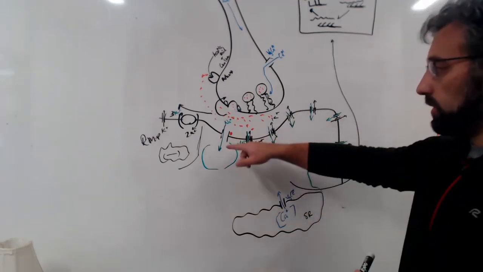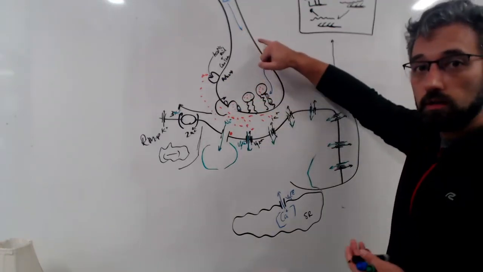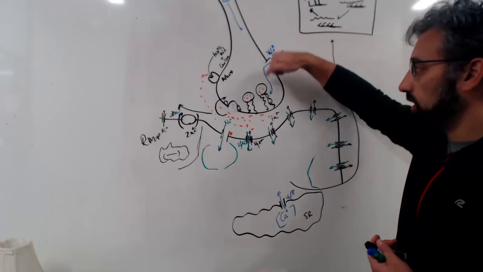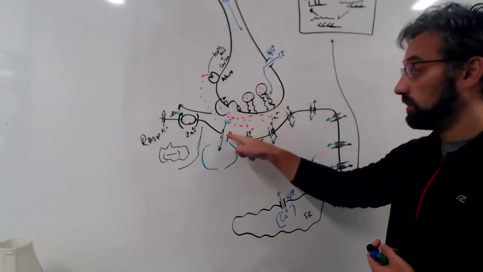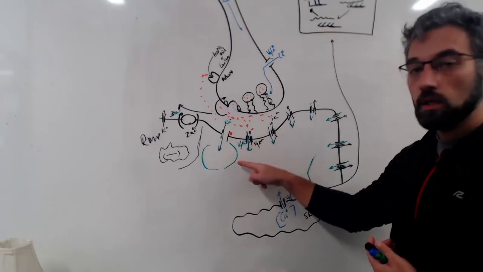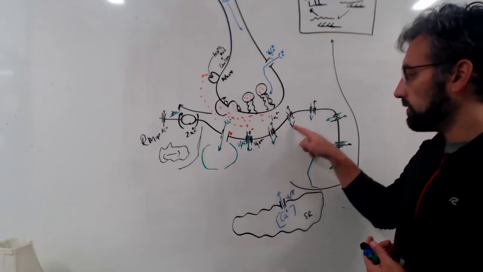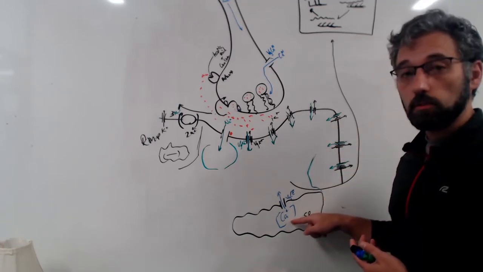Okay, so we have our voltage-gated calcium channels opening. Calcium comes in, releases the acetylcholine into the cleft. The acetylcholine binds to the nicotinic acetylcholine receptor, makes sodium go in. Sodium is going to open up all the voltage-gated sodium channels, which is going to release calcium from the sarcoplasmic reticulum.